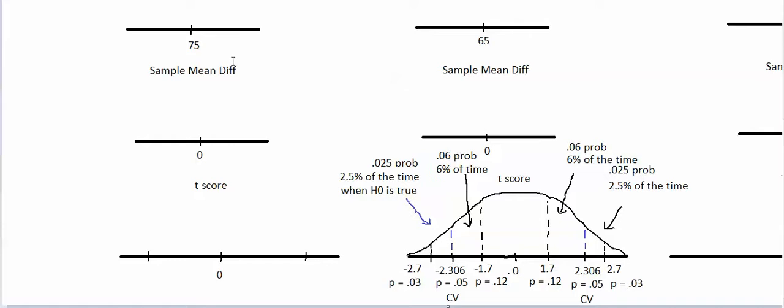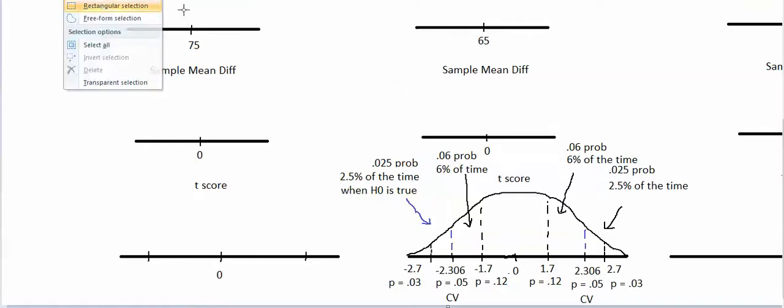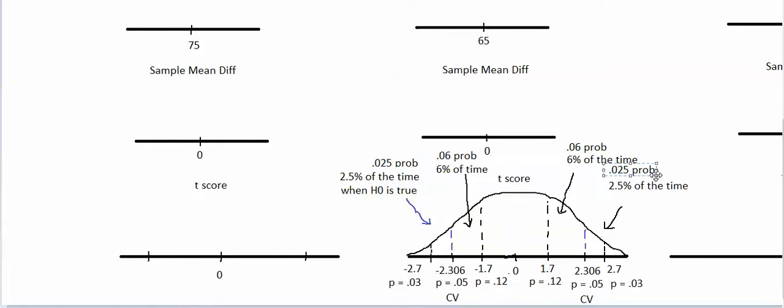So this t-score has a 0.025 probability of being reached when H0 is true, and it's also reached 2.5% of the time when H0 is true. And this is also when H0 is true. This t-score will be reached 2.5% of the time, and has a 0.025 probability of being reached when H0 is true. So under all of these, put when H0 is true.